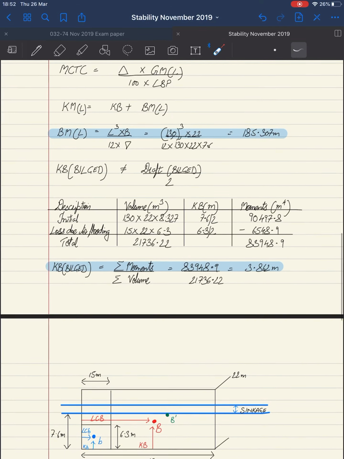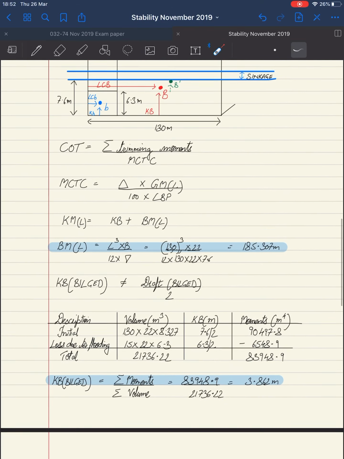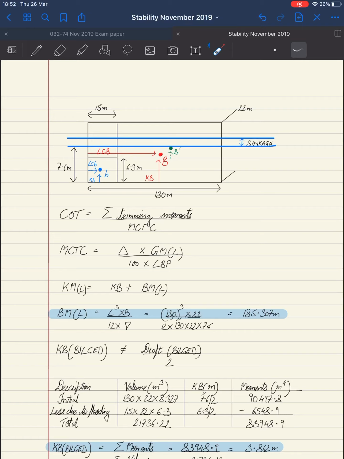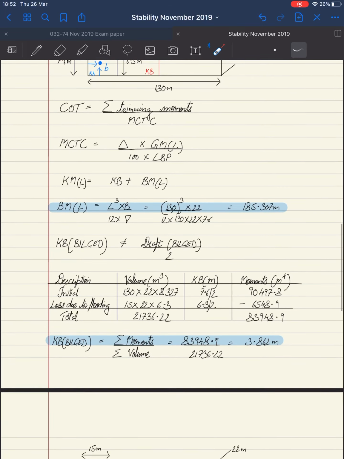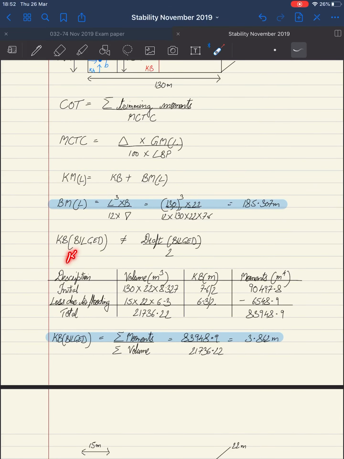Now in this case, if you look here, this is the compartment which has been flooded. If this entire compartment would have been flooded, or I would say if there would have been no watertight flat, then I could have simply written KB bilged would be equal to draft bilged by 2.